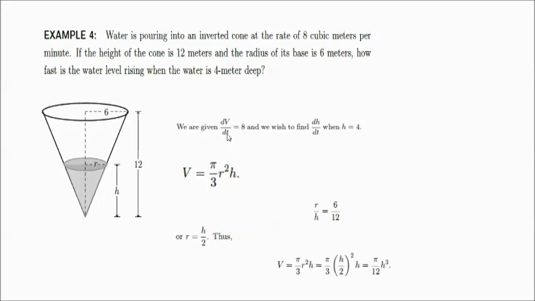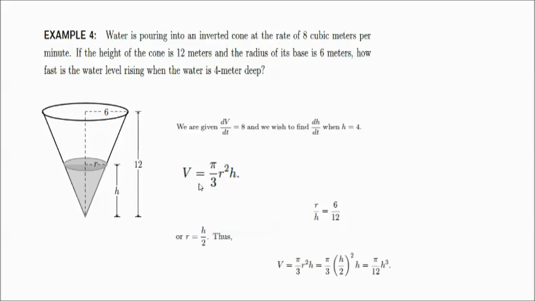So we have yung dV over dt which is 8. Ito, class. And then hinahanap, class, is how fast is the water level rising? Water level. So ibig sabihin yung height. So dh over dt. When height is equal to 4. Kasi at an instant, di ba? Pinapanap yung dh over dt.